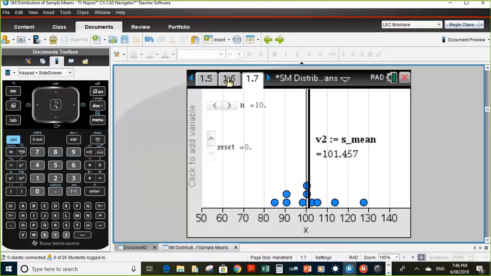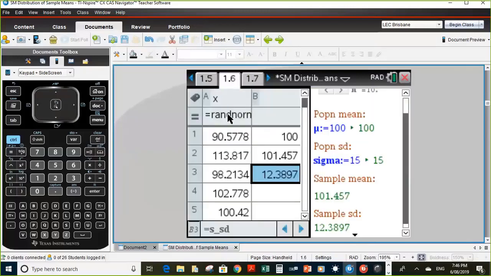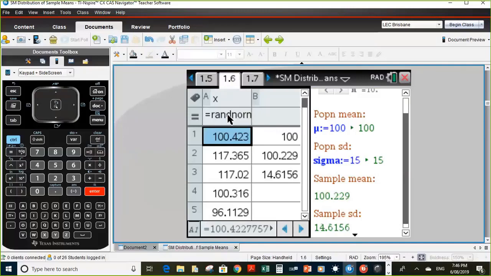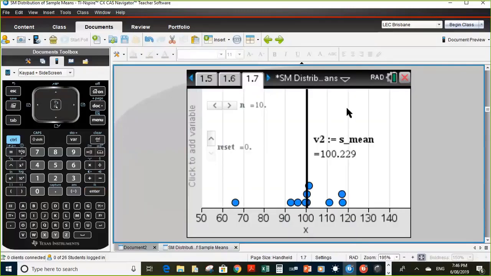So if we went back to page 1.6, you can either do Control R or make contact with the formula cell here, open it up and press Enter. Go to the next page there, and notice here that the sample mean is, in this instance, a lot closer to the population mean.